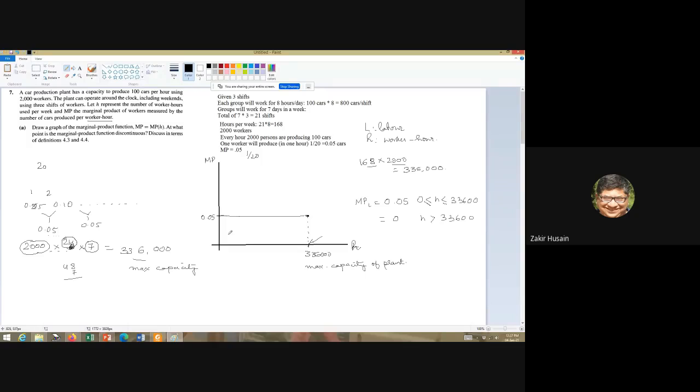So one worker is working for 1 hour. That is H. So one means one worker is working for H hours. So you can say it's basically the number of hours put in by all the workers.